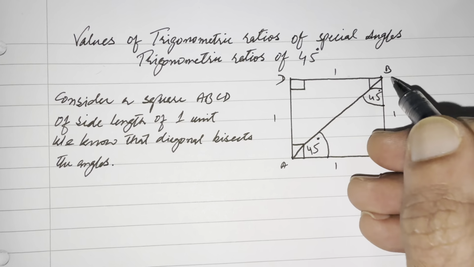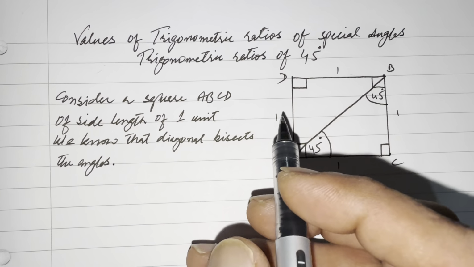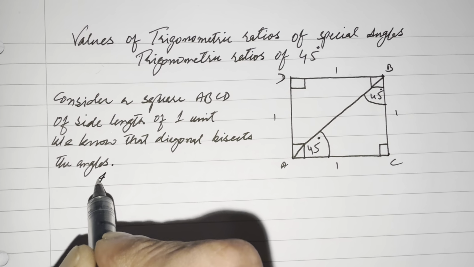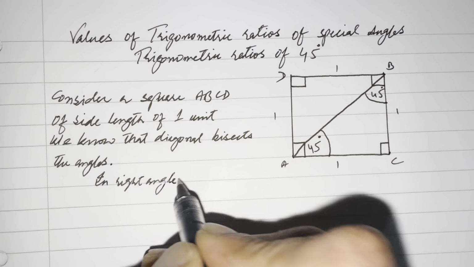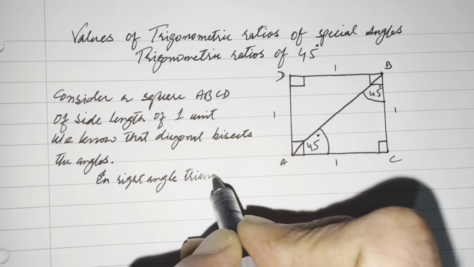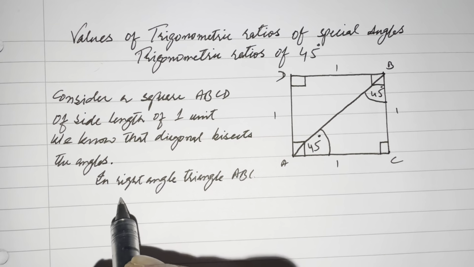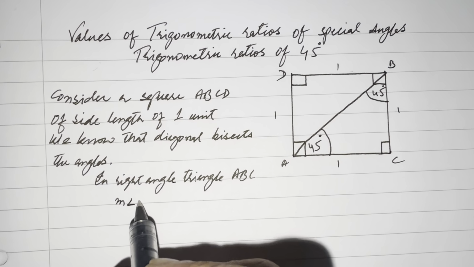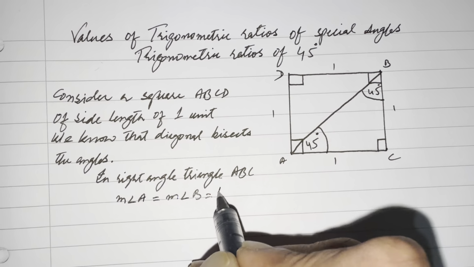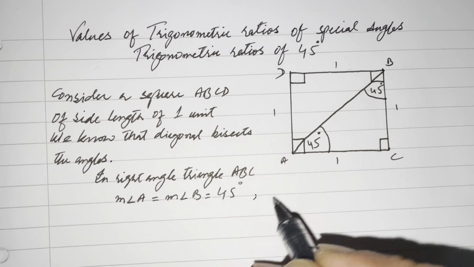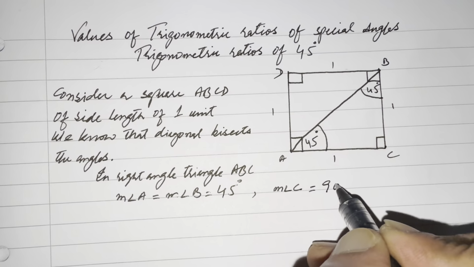So in the right angle triangle ABC, the measure of angle A is equal to the measure of angle B, which is 45 degrees, and the measure of angle C is equal to 90 degrees.